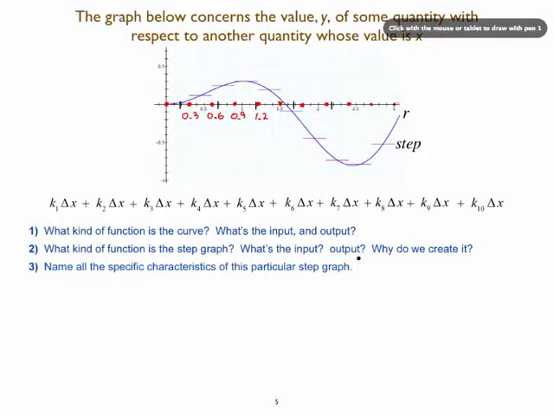The difference is that the curve is an exact rate function, and the step function, since it's only trying to mimic it, doesn't do it exactly, so it's approximate. But in terms of the units, the kind of thing they're outputting, they're exactly the same. They're both outputting a rate of change with the exact same units.